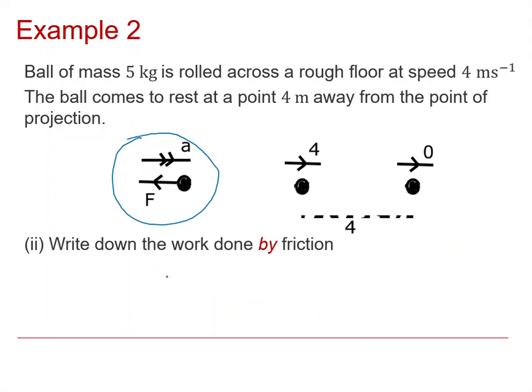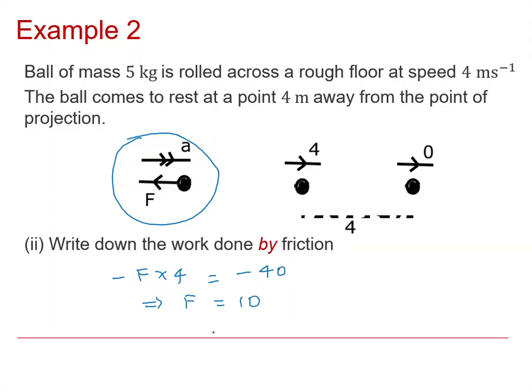Now, if we use the force diagram, then the work done is going to be minus F times 4, because the force is opposed to the direction of motion. And that equals the change in kinetic energy, which we calculated as minus 40 joules. So we can see from this that F is equal to 10.